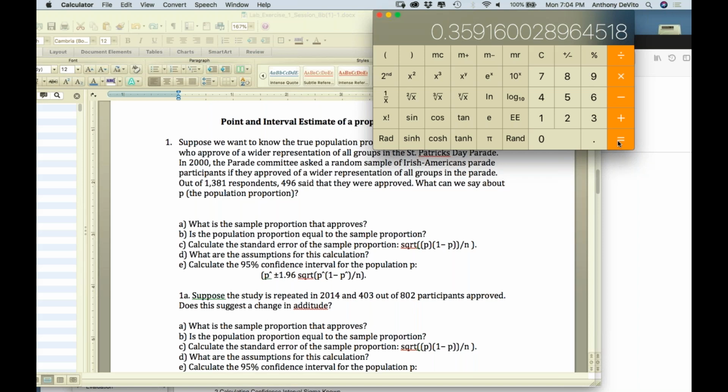No, we won't know it unless we ask everybody that attended the parade that day. So we don't know how accurate this 36% is. But what we can do is establish an interval within which we're 95% sure the true population proportion is going to be living.